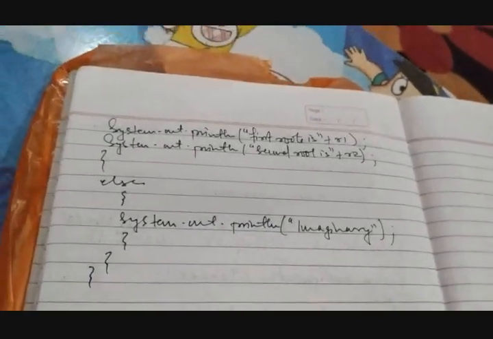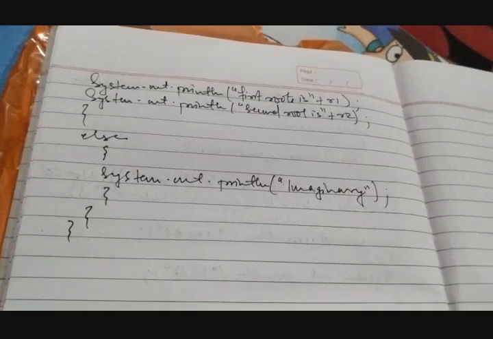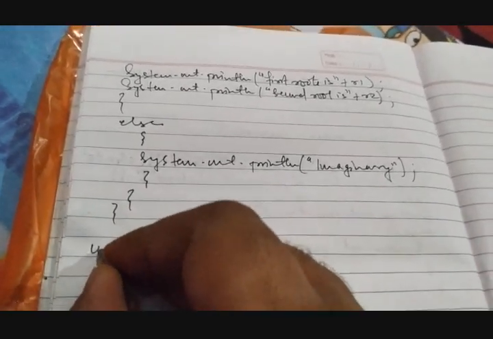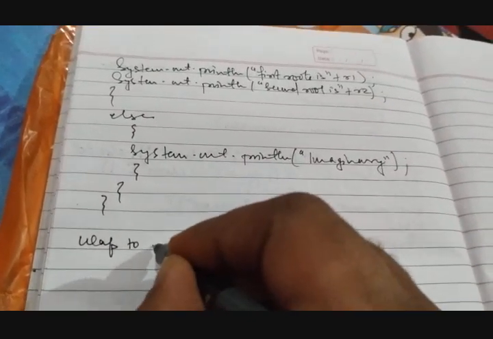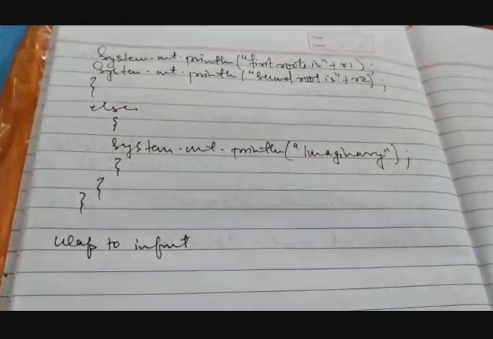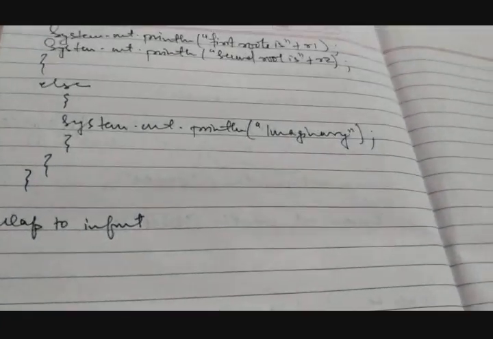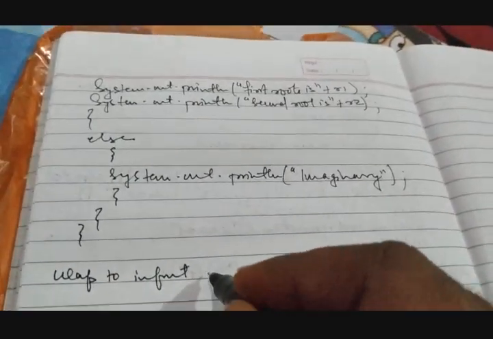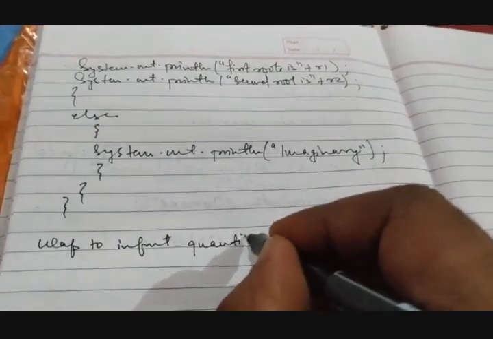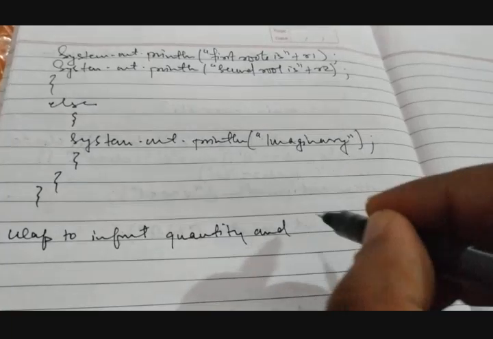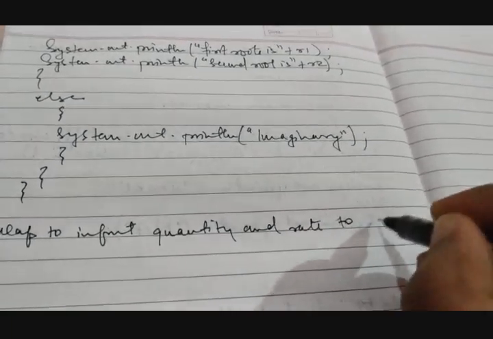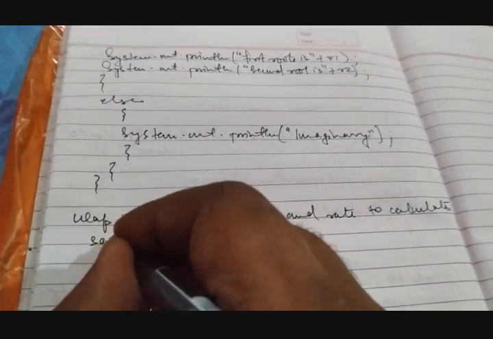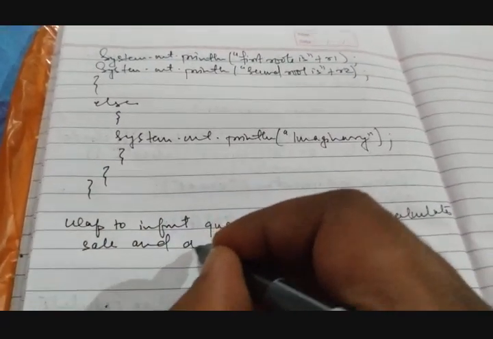This is another example of it. Now we have to input quantity and rate to calculate sale and discount.